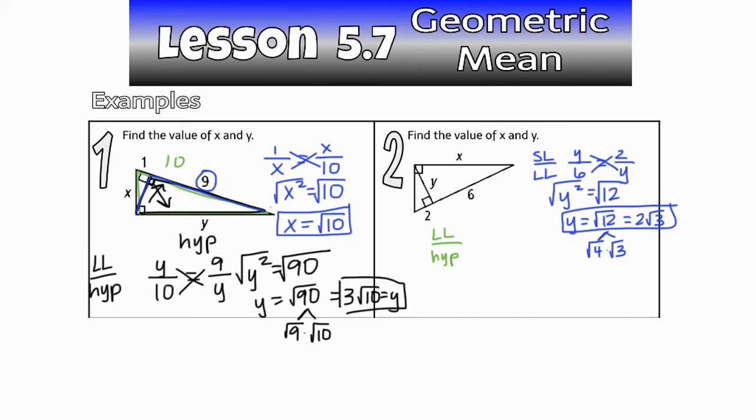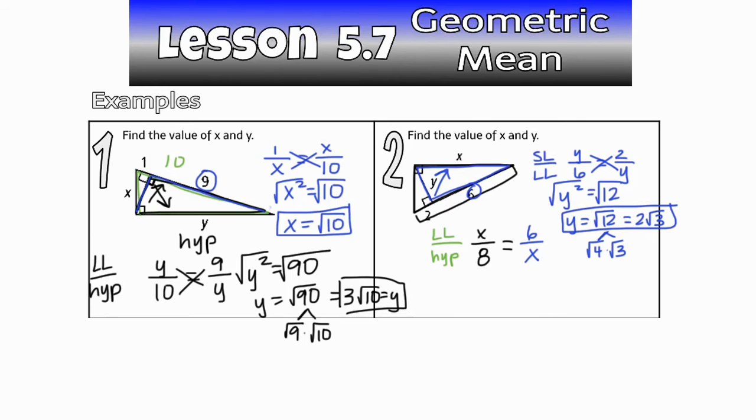So the long leg of this large right triangle is going to be x divided by the hypotenuse, which is 2 plus 6, which is 8, is going to be equal to the long leg of this right triangle, which is 6, divided by the hypotenuse, which is x.